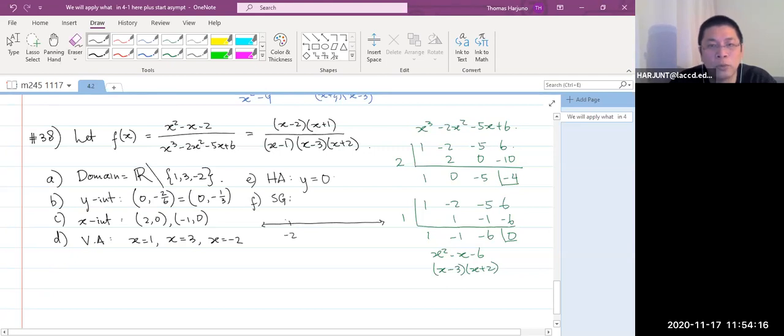At negative 2, that's undefined. Negative 1, that's 0. 1, that's undefined. 2 is 0. 3 is undefined. And that will be plus, minus, plus, minus, plus, minus.